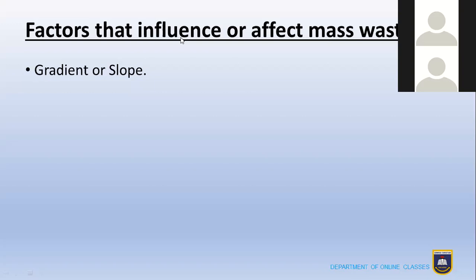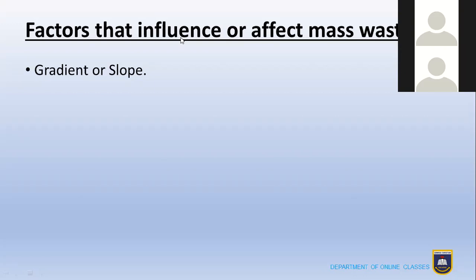When the slope is more gentle, we expect these weathered materials to have a slow movement. That is how the gradient can influence the rate at which weathered materials are likely to move in a particular region.